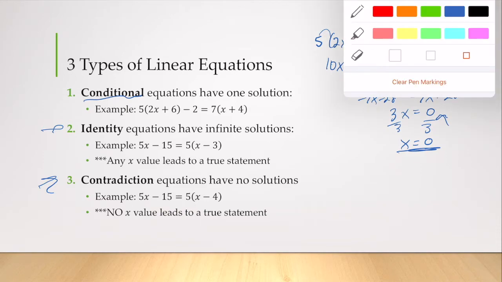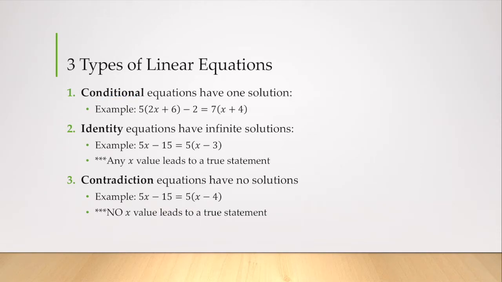An identity can have infinitely many solutions. An example of identity will have us end up with a true statement like x equals x or a number equals a number, or 0 equals 0, right? So let's go ahead and take a look.